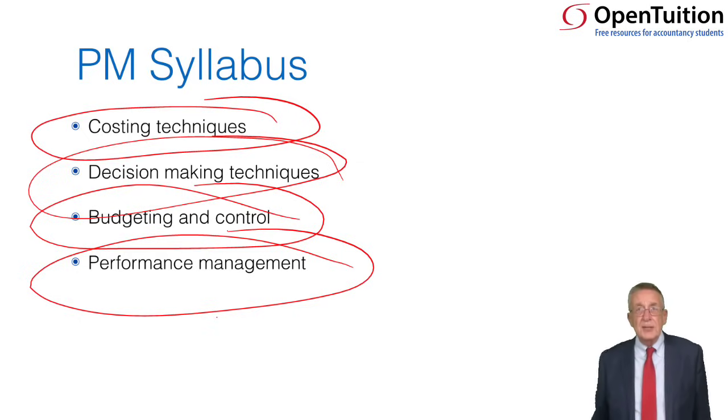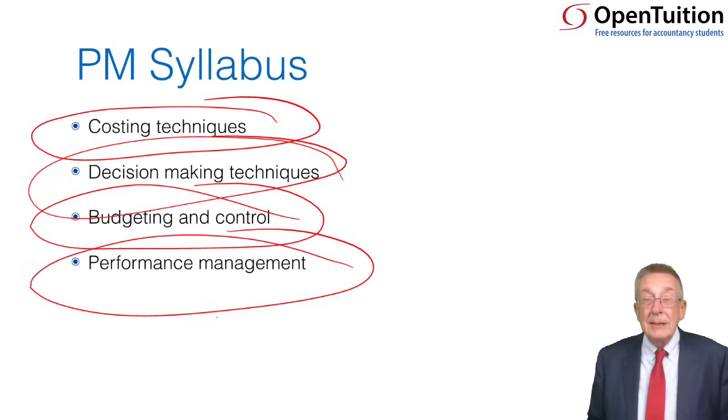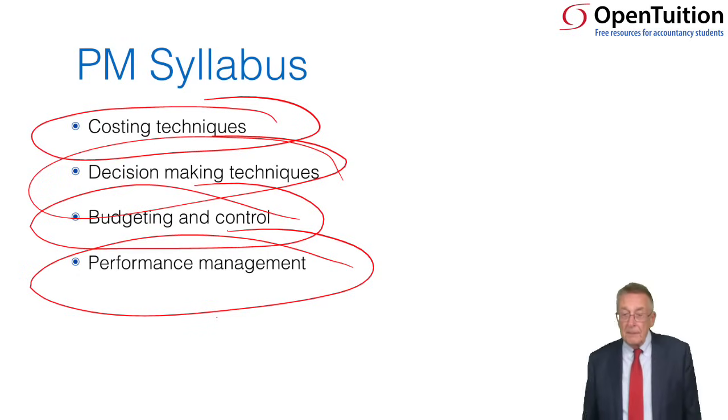It doesn't involve calculations, because the exam is very keen to test that you understand what you're doing and that you're not simply learning rules without really knowing what's going on.